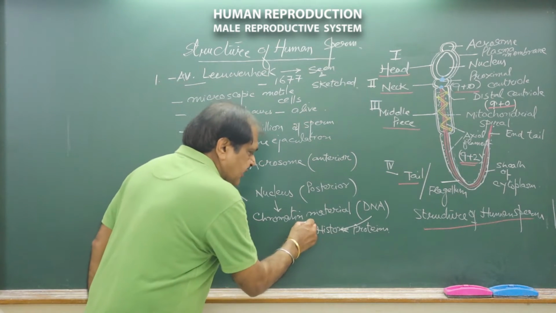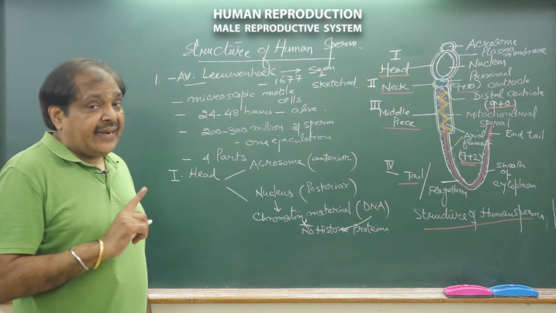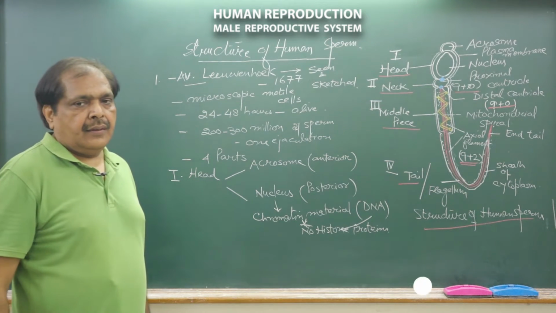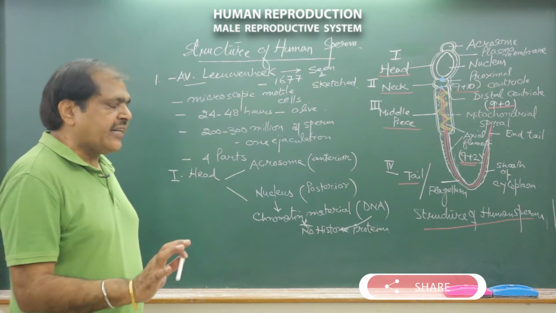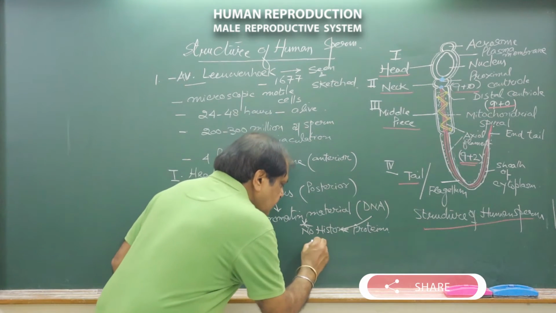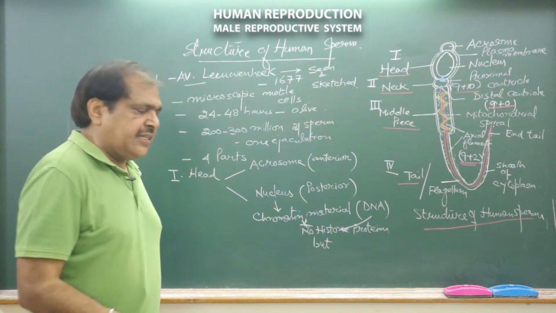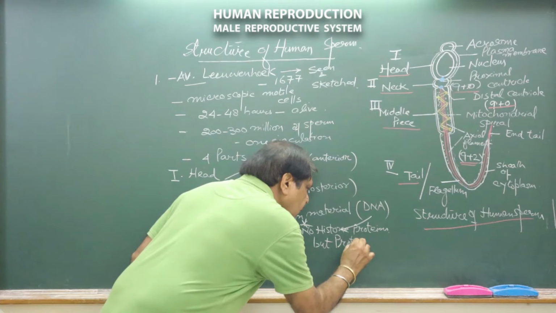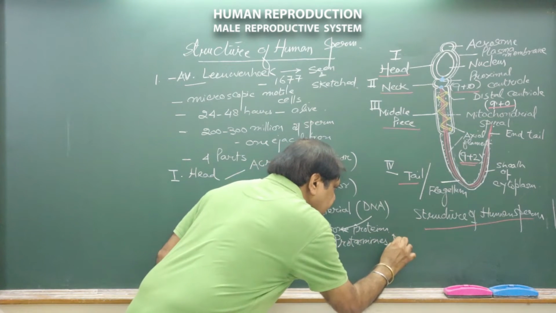These are basic proteins, a very, very important question. But in the nucleus or the DNA of the human sperm, there are no histone proteins, but another type of basic proteins, protamines, are present.